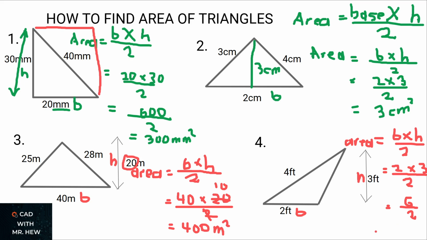Therefore, this answer is equal to 3 feet squared, because we're given in feet. We always get a square sign when we are working out the area. This is the answer for number 4.